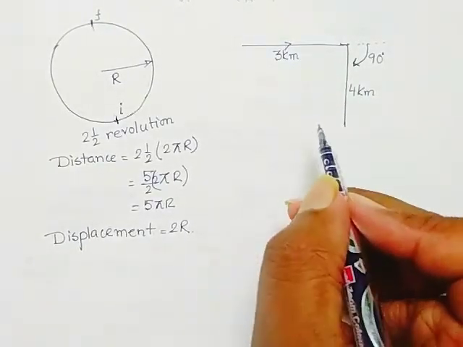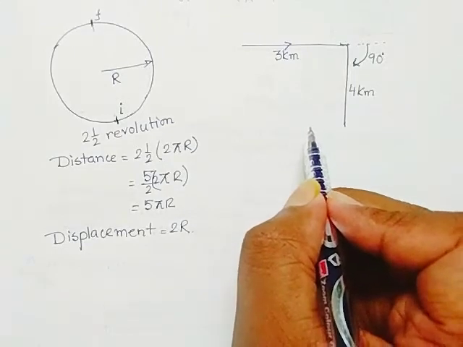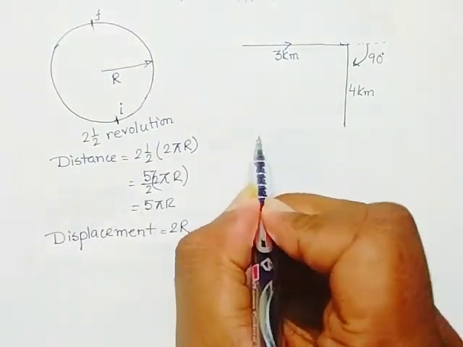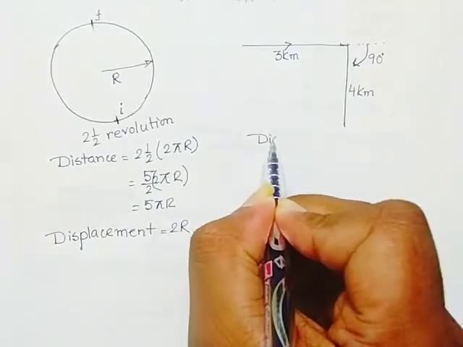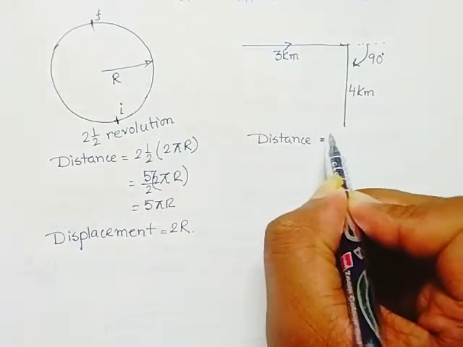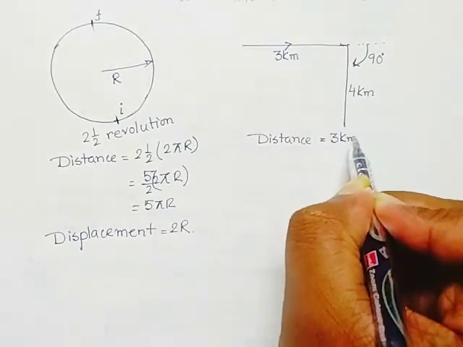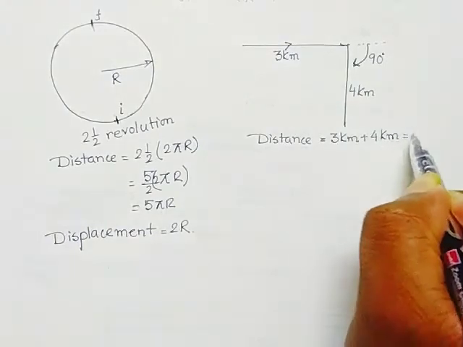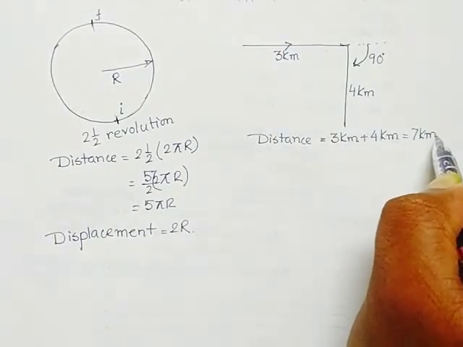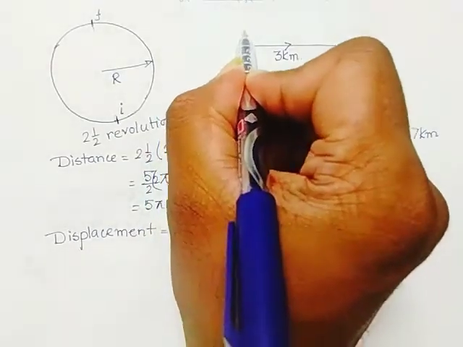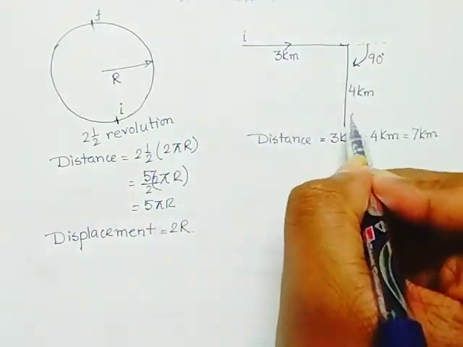So now if anyone asks what is the distance and displacement, the distance is the actual path covered by him, so it will be 3 kilometers plus 4 kilometers equal to 7 kilometers. This is the initial point of starting and this is the final point.